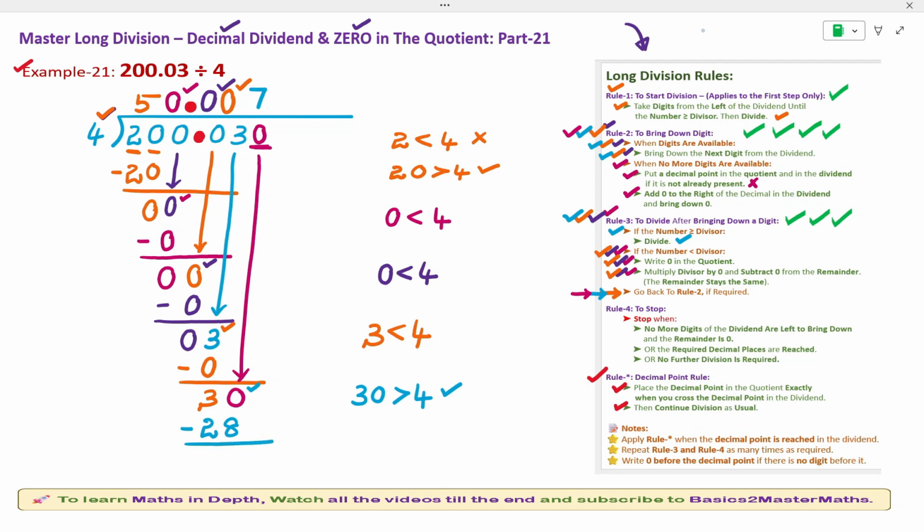So, you will get 2 as the remainder. Now, rule 3 is complete for the fourth time.